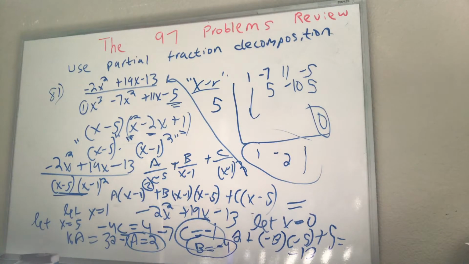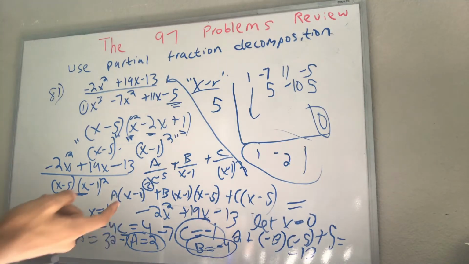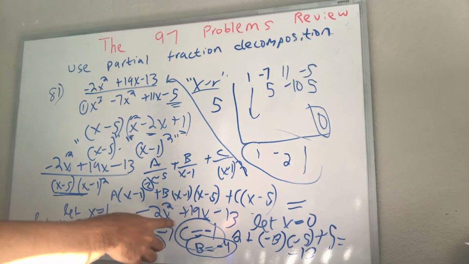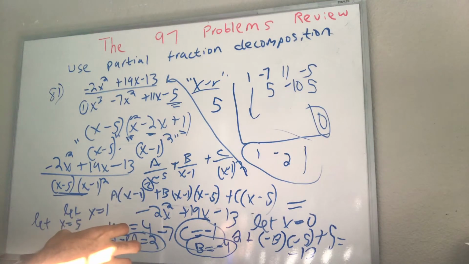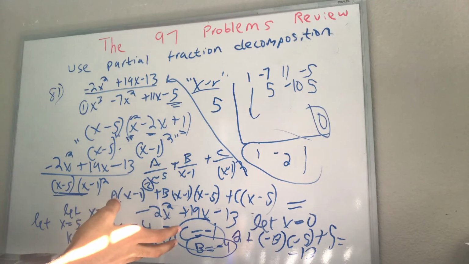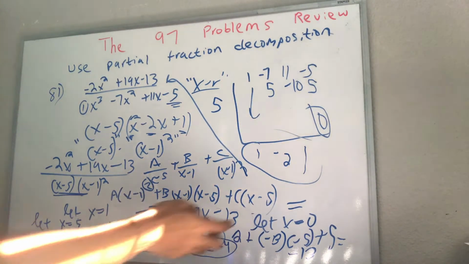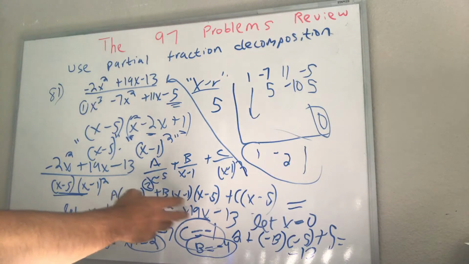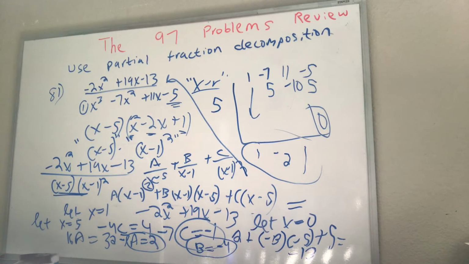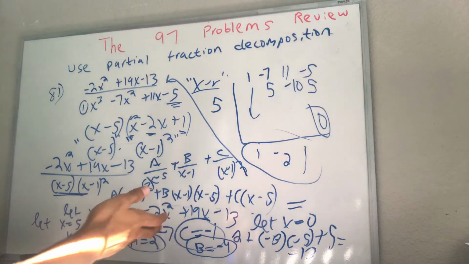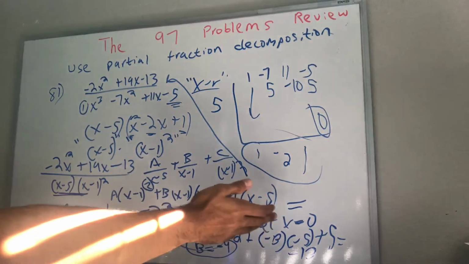So when I said let x is equal to 0, it's because I knew the values of a as well as c. I picked x is equal to 0 because it's easier, because obviously all of this goes away, and you're just left with negative 13. And then you're really just saying negative 5c, you know the value of c being negative 1, so you have plus 5 over here, and you do the same thing here.